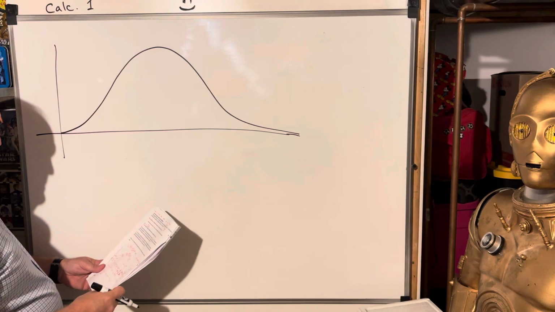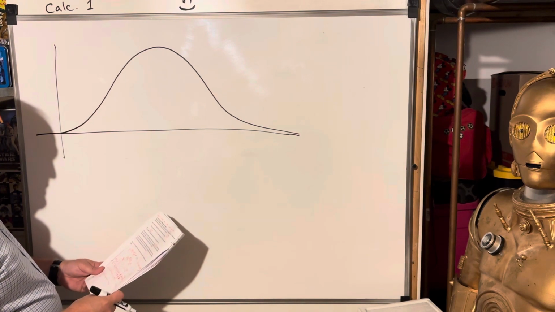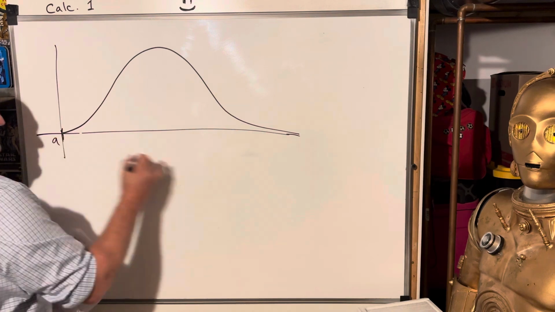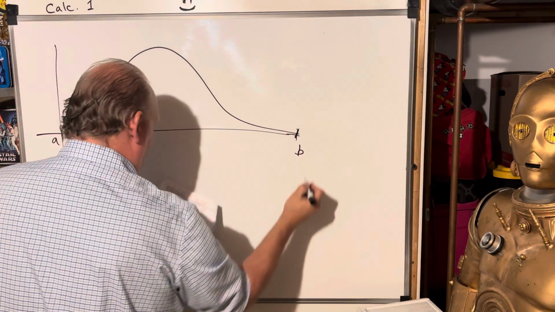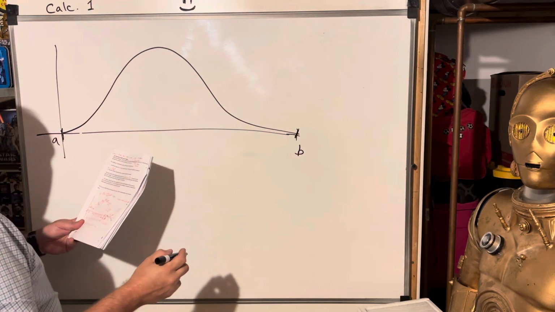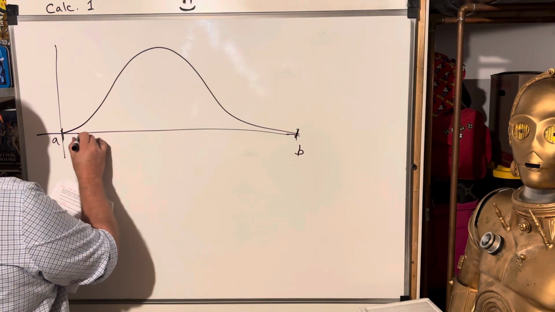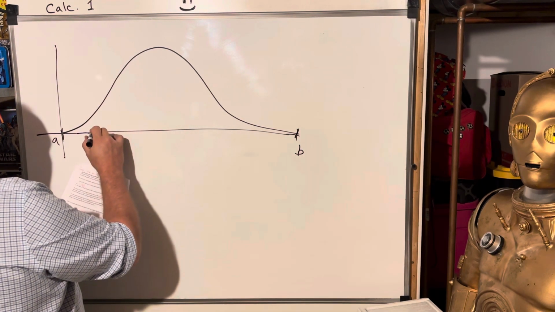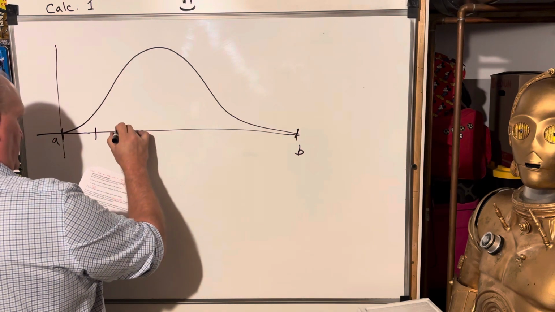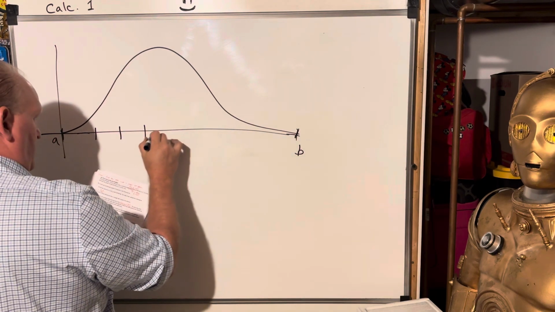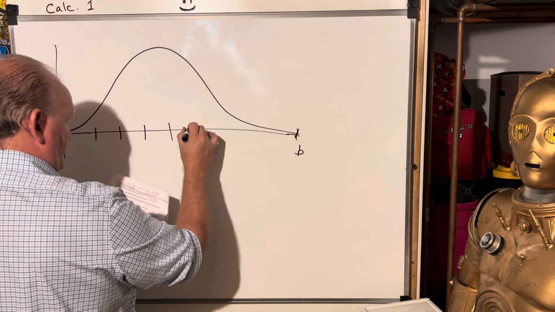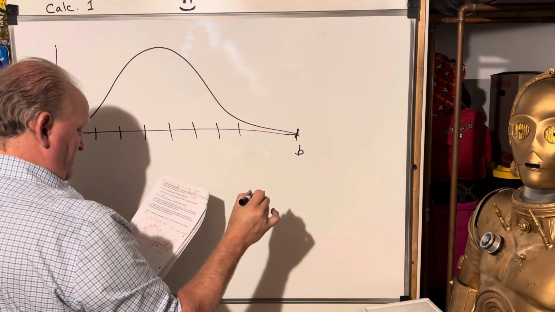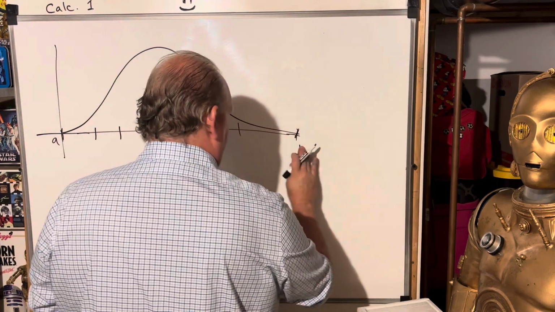It looks like I have C9, A, B. So here, this is A, this is B. And we're going to go with 10 lines. Oh boy. I'm bad at drawing here. 1, 2, 3, 4, 5, 6, 7. Oh, wait, there's more after this. Hold on.